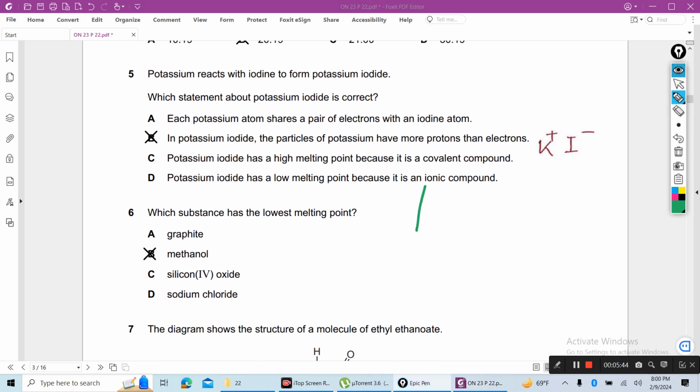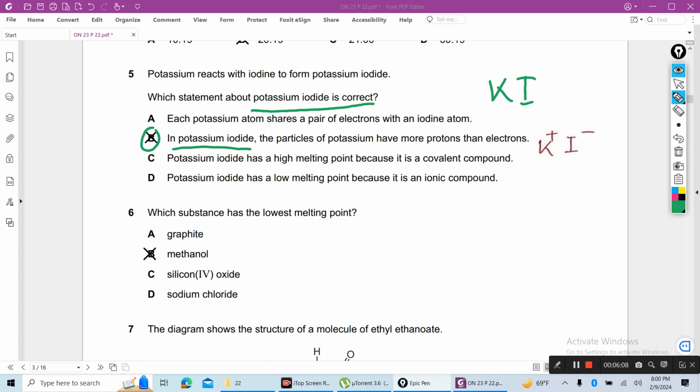Number 5. Potassium reacts with iodine to form potassium iodide, KI. Which statement about potassium iodide is correct? B is the correct answer. Why?